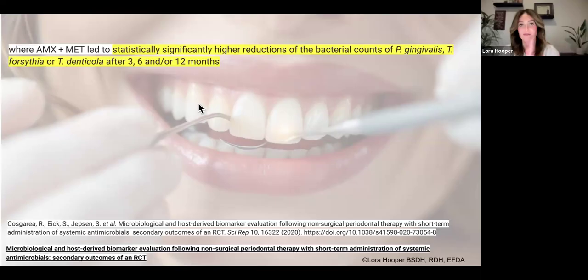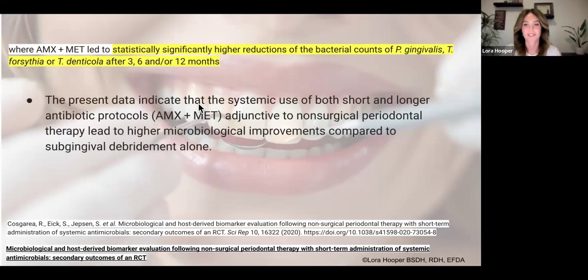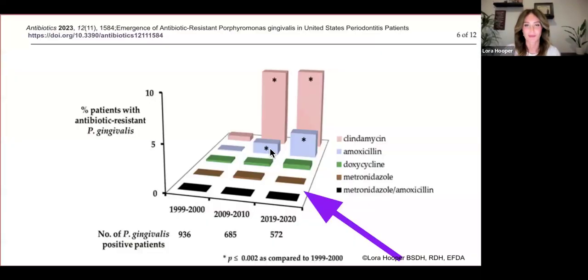We can even see much longer term, out for months at a time. So it's important that we understand the use of combination therapy. Yes, we still have to be really good at breaking up the biofilm so that the antibiotics can work, but we want to make sure we're using the right antibiotics in that combination treatment.